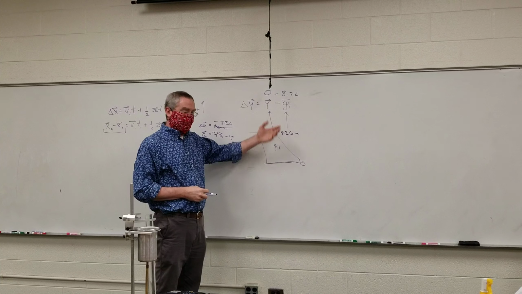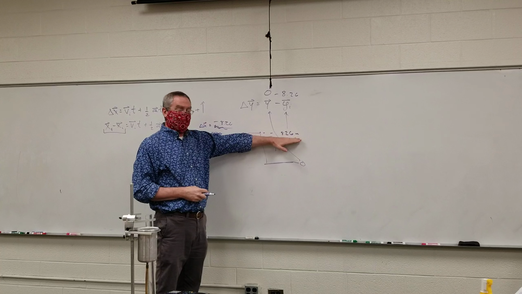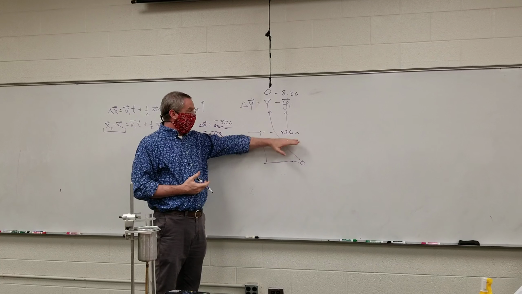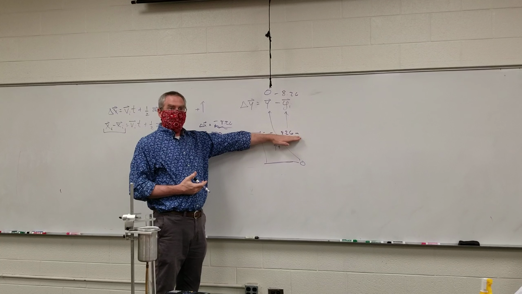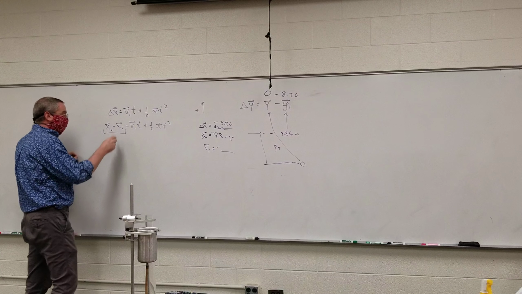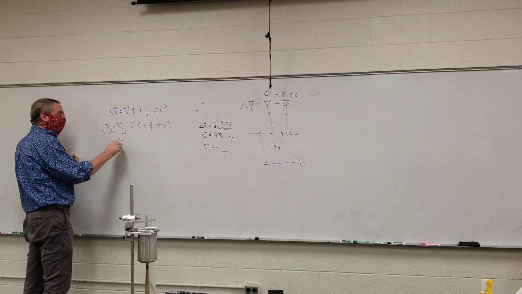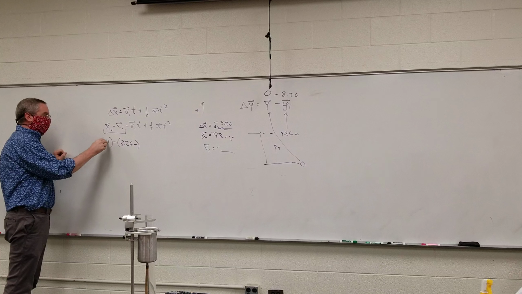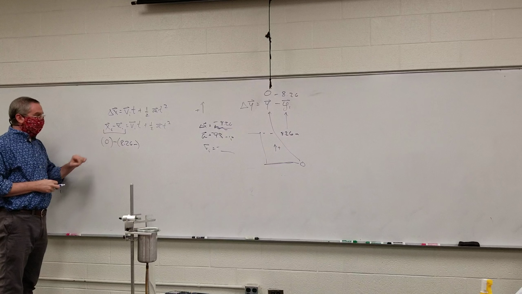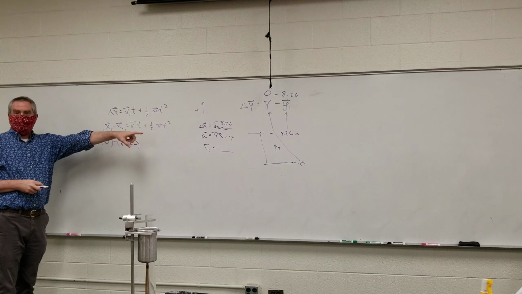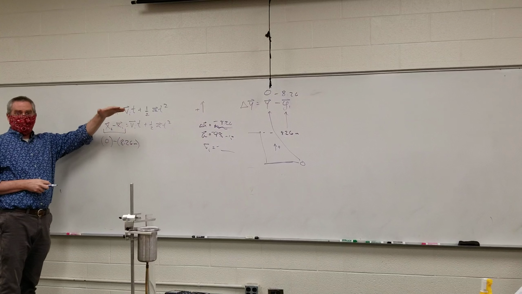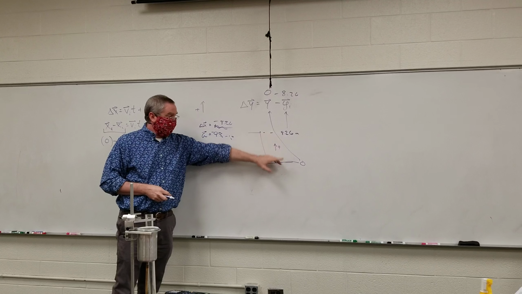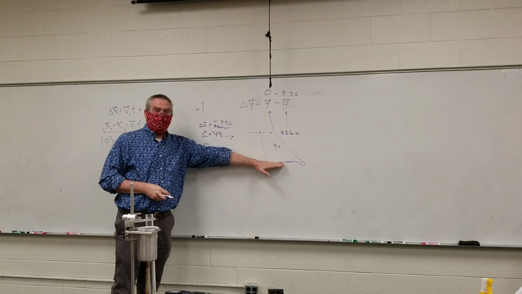Because if up is positive, whatever I put here, this is going to be 8.26 more. Because I made this 0 and up is positive, this is a positive height. So it starts out at 8.26 meters, and that's 0. So my position is positive given that convention of where 0 is and the direction that's positive.